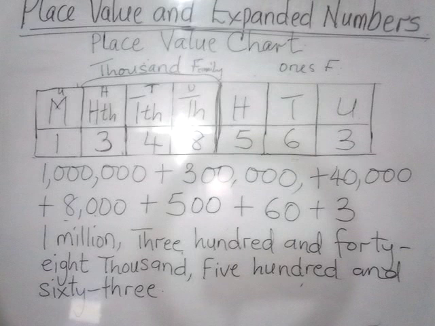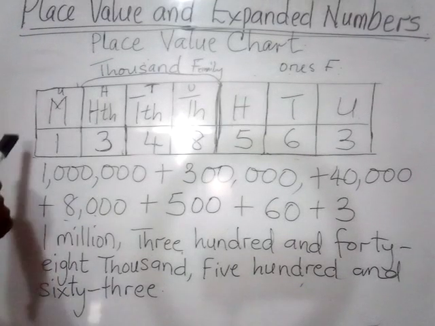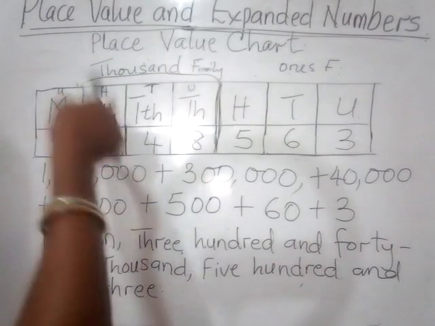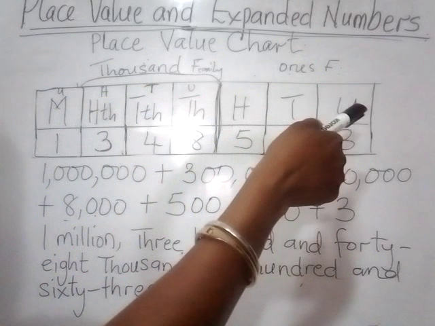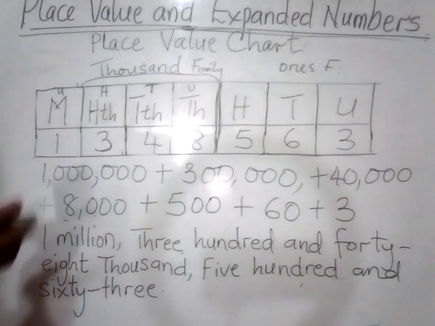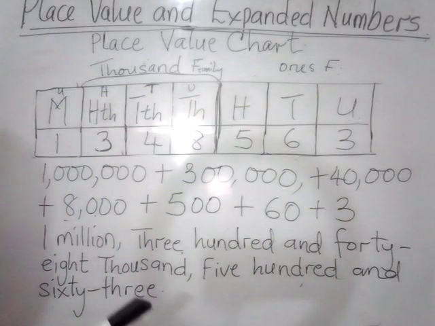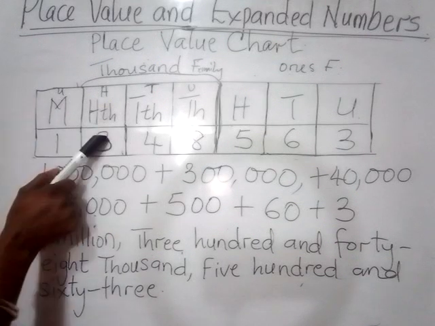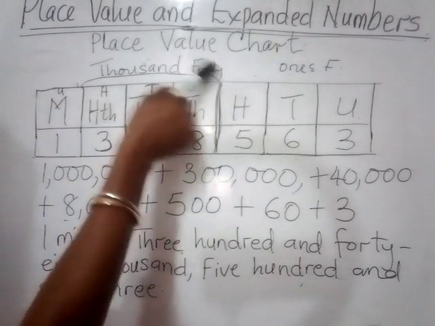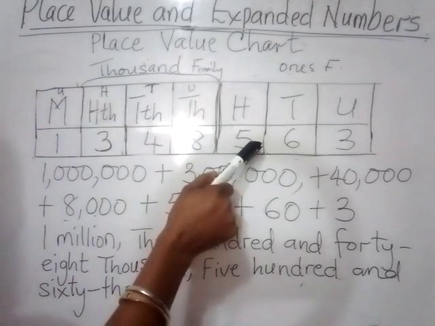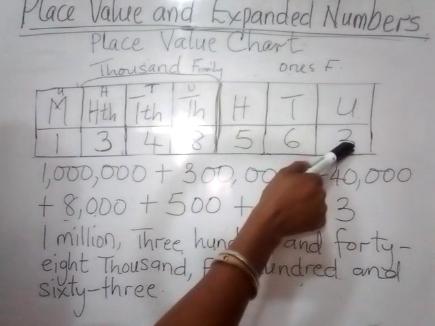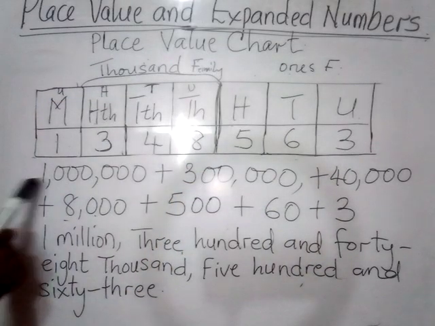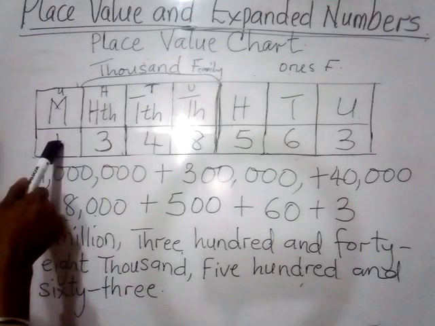So looking at this number, since we have been able to name it using the positions each of the digits in the number occupies, we'll go ahead to write it in word form. The number again is 1,348,563. So now what we see here is the expanded form of this number.